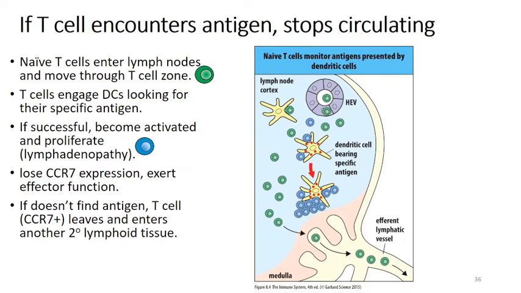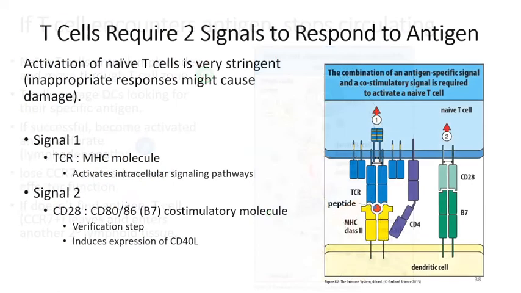T cells and B cells swell up. Once they become activated, they lose that homing receptor, so they don't migrate. This is very reminiscent of the B cell as well.